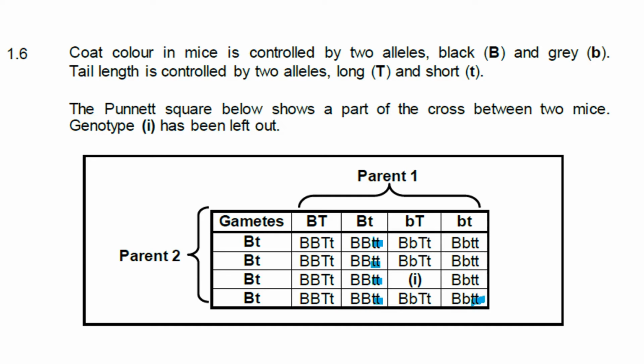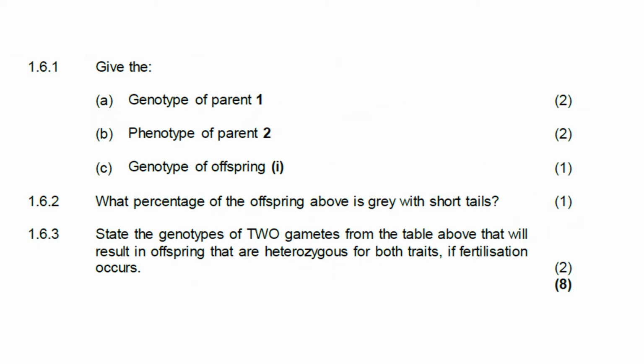So there's quite a number of them that are showing that particular characteristic. But for them to be gray, they need to have 2 small letter b's next to each other, and that does not happen. Which means if we go to the question when they want to know how many of them will have that combination of the 2 recessive characteristics, the answer there will be 0%.